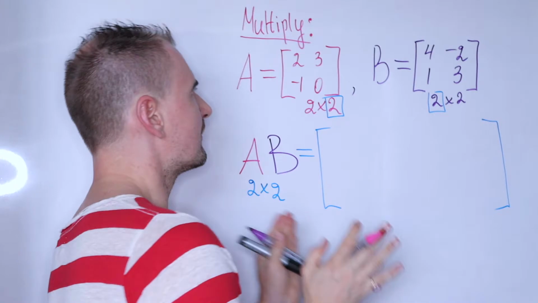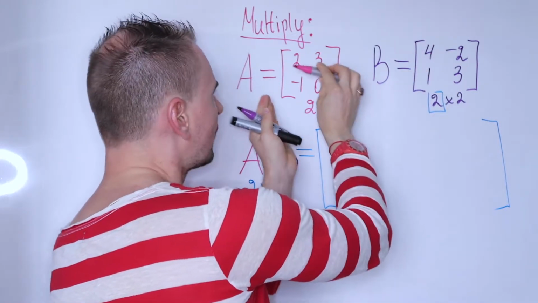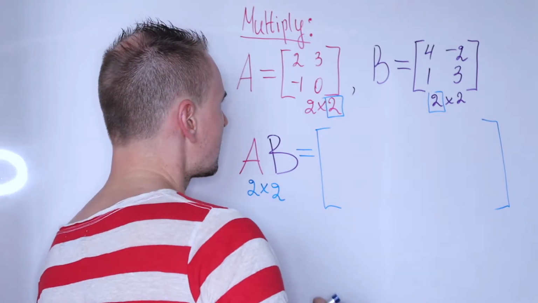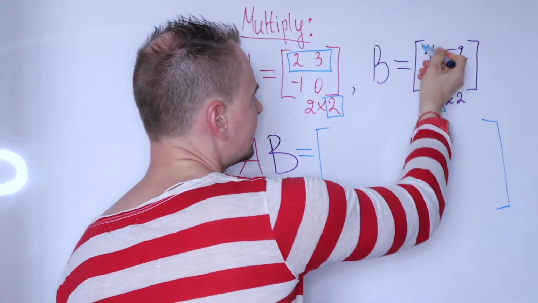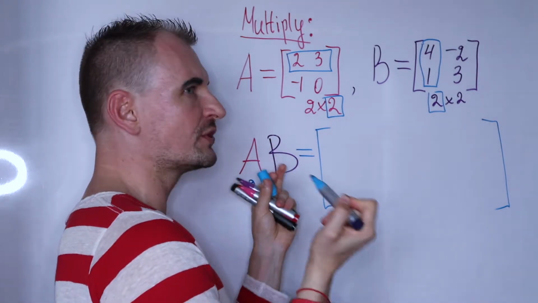As a good rule of thumb, you always multiply a row by a column. So for the first one, you have this first row and you take this first column and you multiply the corresponding elements.